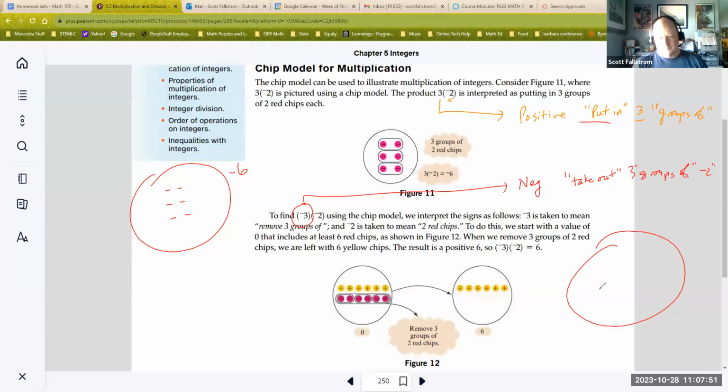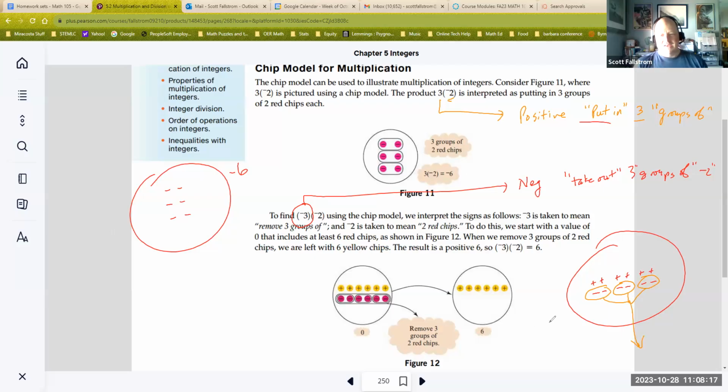So I need 3 groups of -2, but remember, I have to start with 0. I'm starting with nothing. So if I take out 3 groups of -2, I have to remember that I need 0 pairs in order to make that work. So right now I start with 0. It's just a really fancy form of 0. And then I find 1 group, 2 groups, 3 groups of -2, and I take them out.